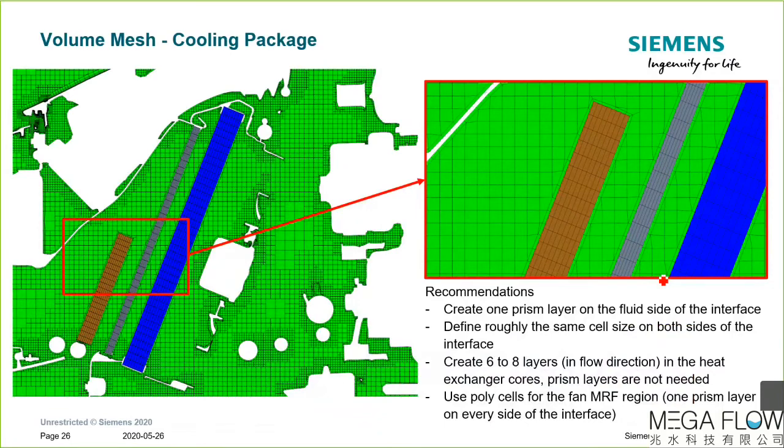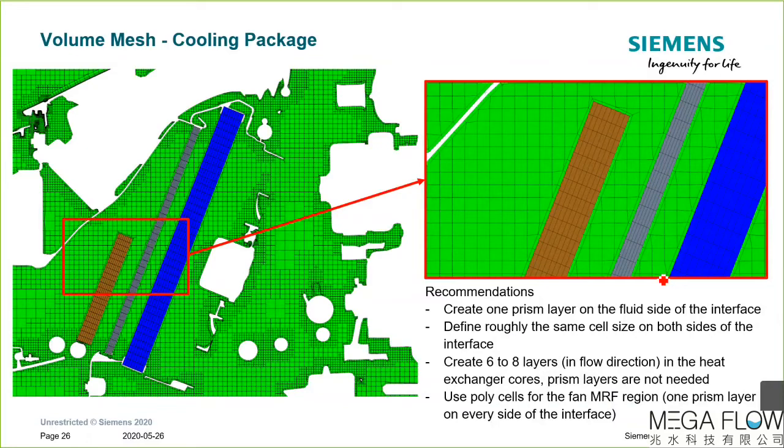The first one is that you should create a prism layer cell on the fluid side of the fluid interface. As always, and that's true for all interfaces with Star-CCM+, you should make sure that the mesh size is roughly the same on both sides of the interface.